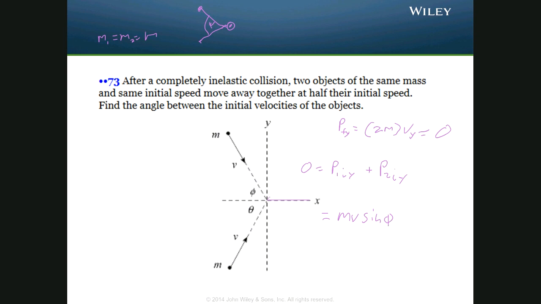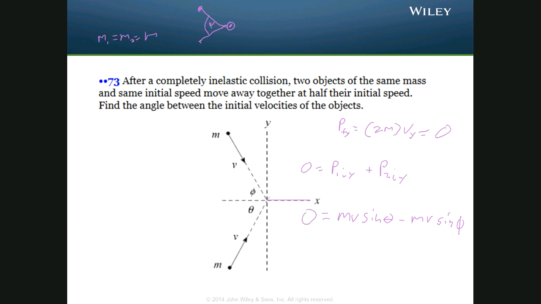We have mv sine theta minus mv sine phi, and that's going to be equal to 0, right?